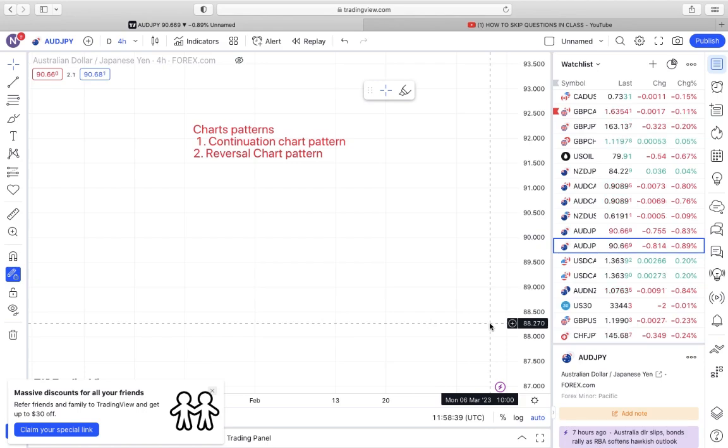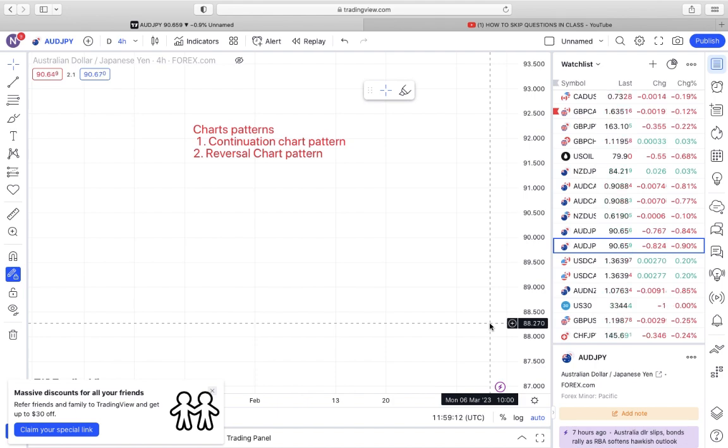Today we are going to talk about reversal chart patterns, because yesterday we talked about continuation chart patterns. Then we'll go to bilateral chart patterns. Without wasting time, I told you that you have to know the chart pattern you're dealing with in a given market before making a trade, because the chart patterns will guide you on the direction of the market, whether the market is on a continuation move, a reversal move, or a bilateral move.